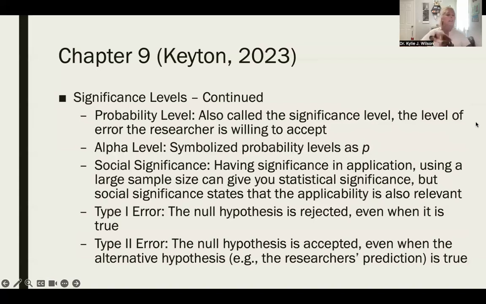We have probability level. So this is also called the significance level, and it is the level of error that the researcher is willing to accept. So a lot of places are kind of getting away from significance levels. Like, not that they're getting away from using it.